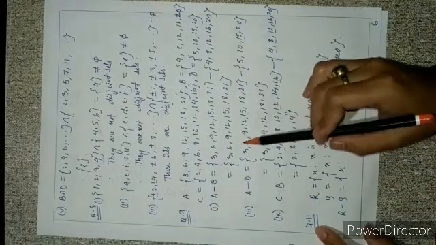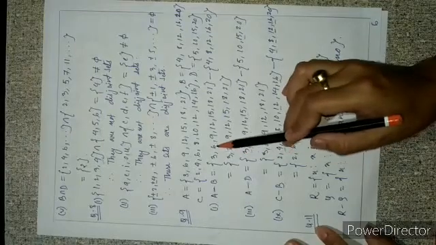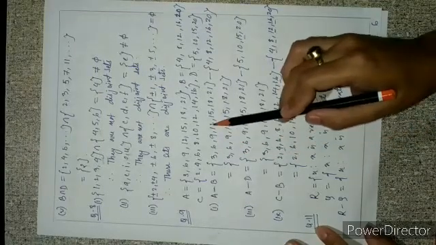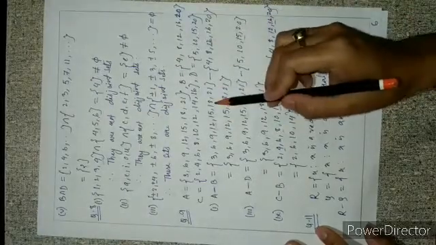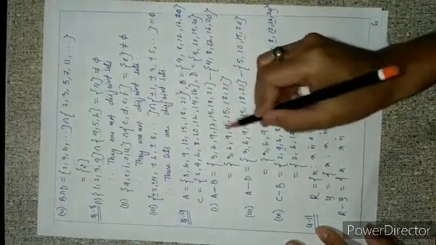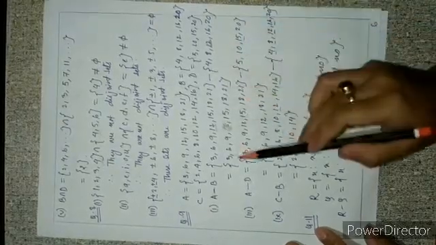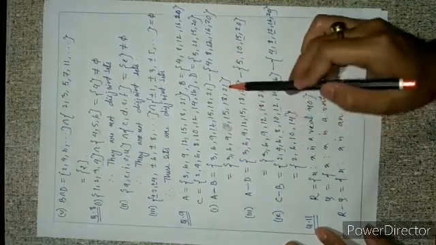The common element is 12, so we leave out 12. The remaining elements are 3, 6, 9, 15, 18 and 21.